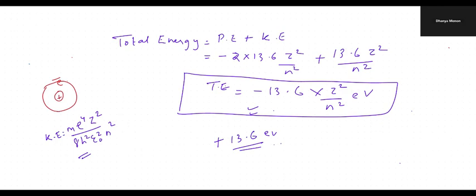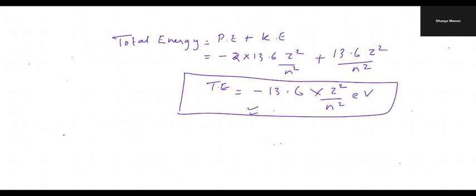So this was the total energy of the electron in the nth shell. You can calculate the different energies of electrons in different shells. So this is the expression. I'll just keep it like this.